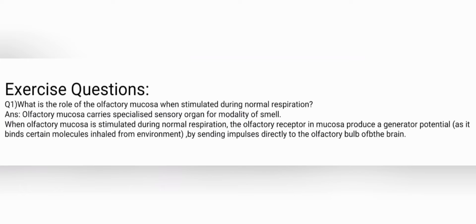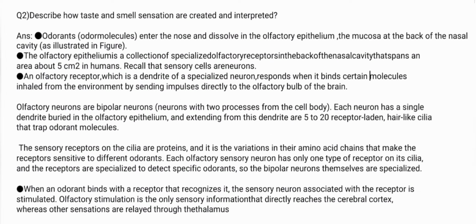The answer is, olfactory mucosa carries a specialized sensory organ for the modality of smell. When olfactory mucosa is stimulated during normal respiration, the olfactory receptors in the mucosa produce a generator potential as they bind certain molecules inhaled from the environment, sending impulses directly to the olfactory bulb of the brain.